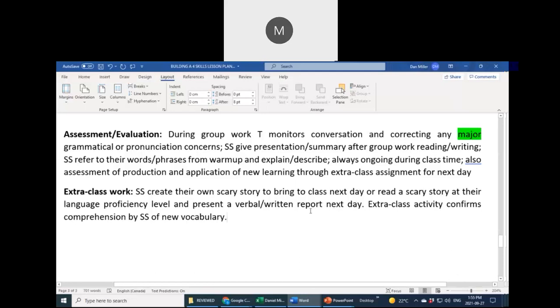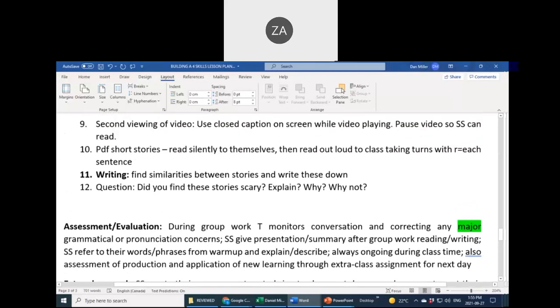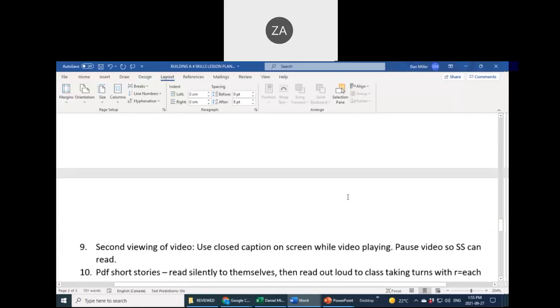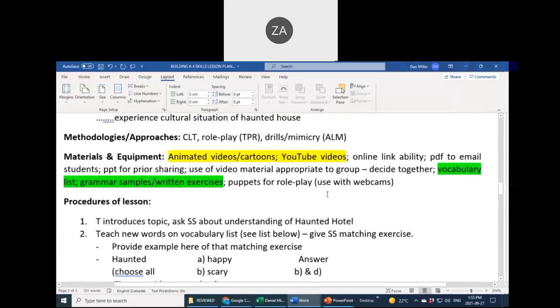Zara, you had another comment? I had a question actually. Okay, that's fine. Regarding allocation of time, since this is a 4 skills lesson plan, we need to consider all of the 4 skills together. I have a question about the time allocation to each of these skills.